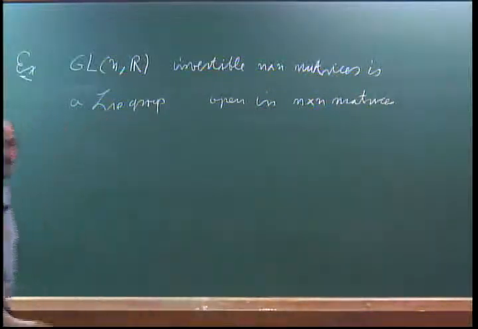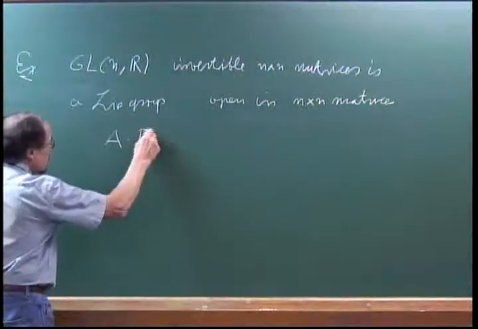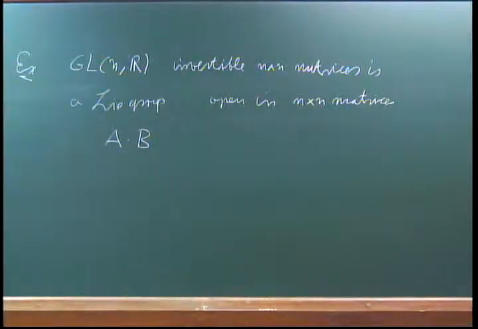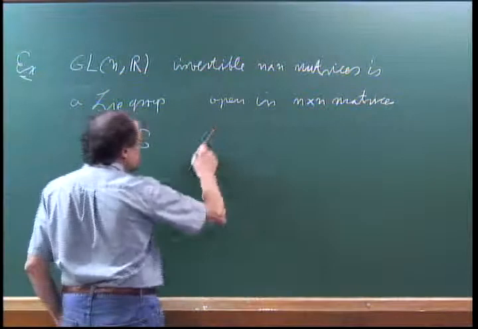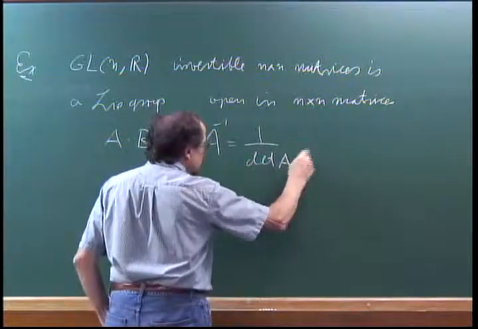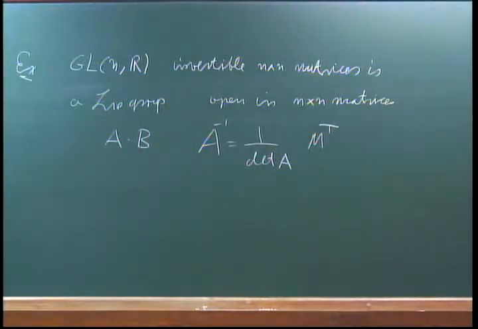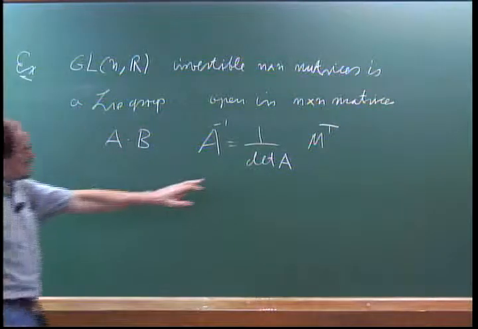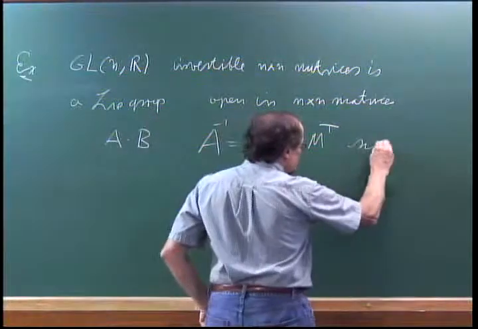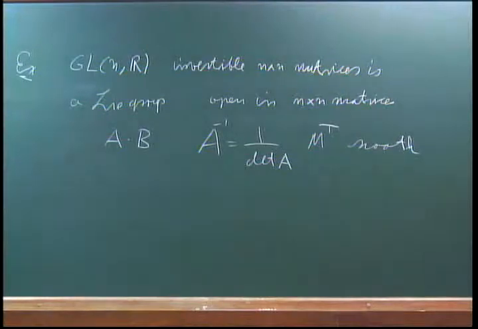So it's clearly a manifold. It's an open set in the vector space. And if I multiply two matrices, that's just a polynomial in the components of the matrices, so that's smooth. And of course, A inverse, if you think of Cramer's rule, is a polynomial divided by the determinant, so this becomes algebraic. So these operations are clearly smooth. So the general linear group is clearly a Lie group.